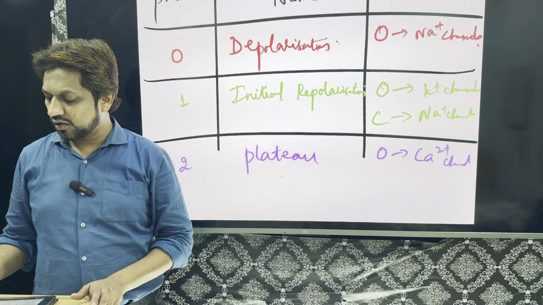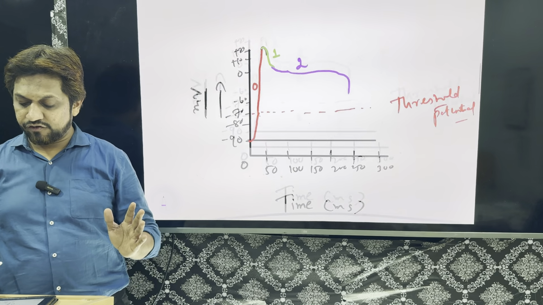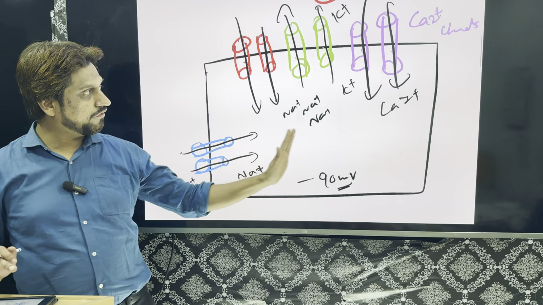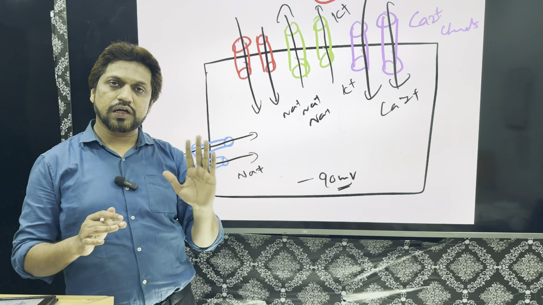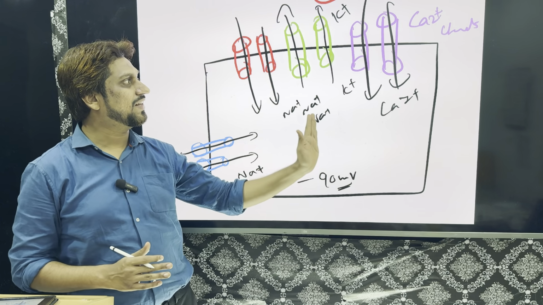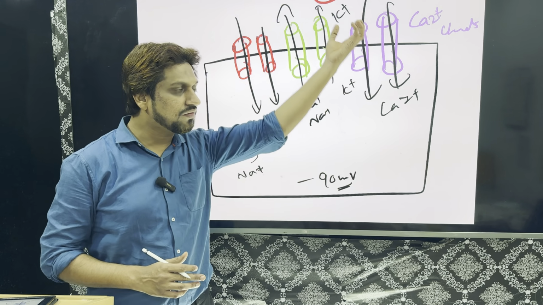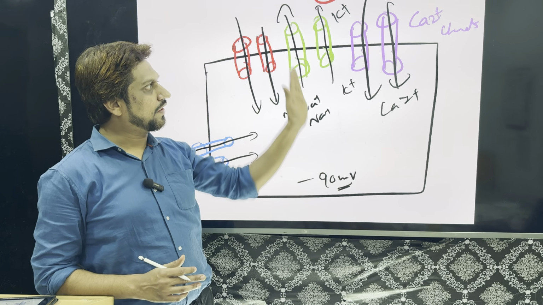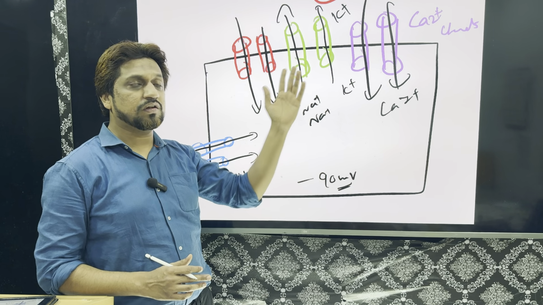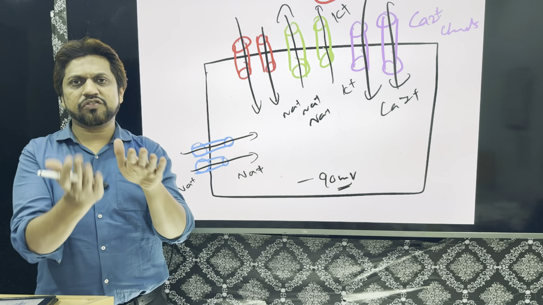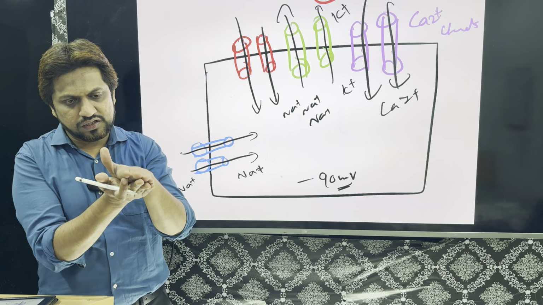Also the potassium efflux which was going on continues, but there is a decreased efflux when there is an increase in calcium. Though potassium exit is decreased, there is not much net change and the membrane stays at a constant level.